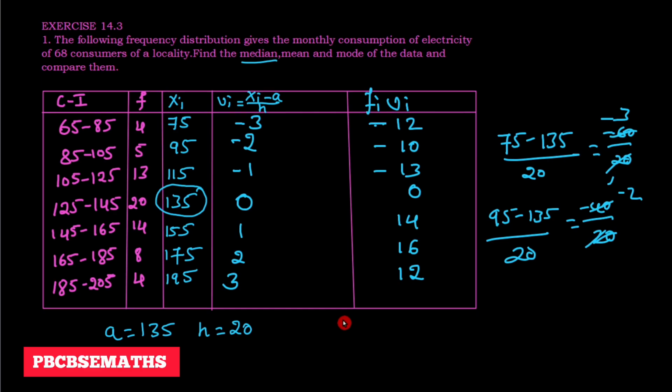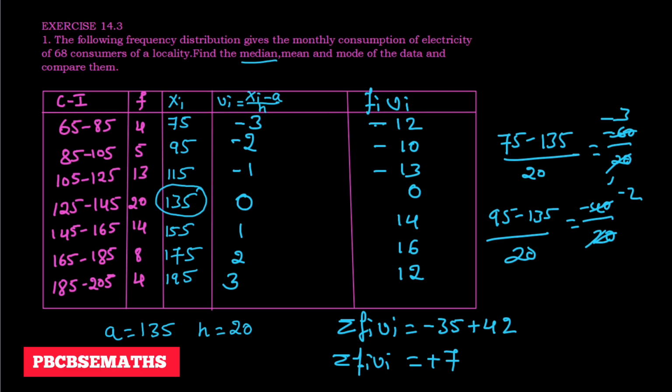Now let's find out the summation of fi ui, which is going to be minus 12 minus 10, that is minus 22, minus 22 minus 13, that is minus 35, plus 14 plus 16, 30, plus 12, that is 42, which means the summation of fi ui is equal to plus 7.